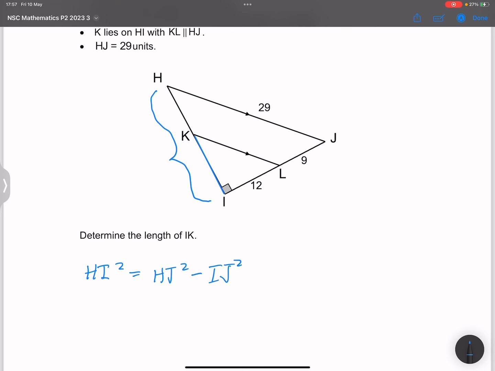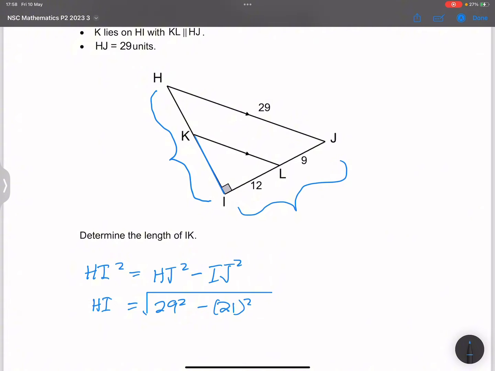Now note in this case we're looking for HI, so this would be the square root of, now HJ is 29, that's given, so 29 squared, minus the length IJ, which would be 12 plus 9, right? That would give us 21, so this would be 21 squared.